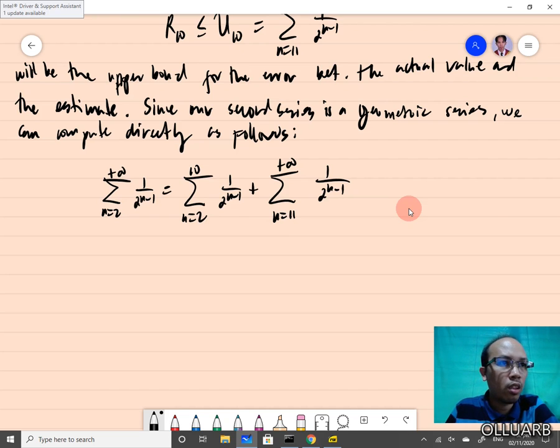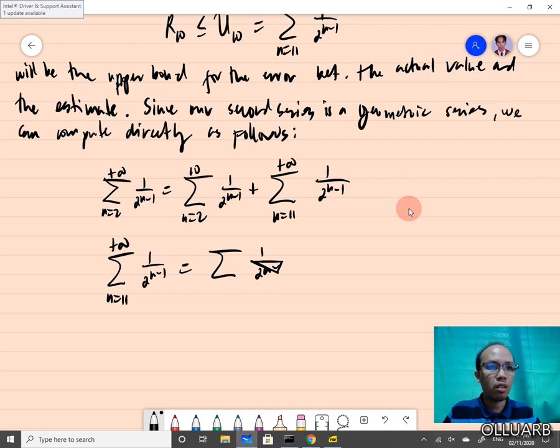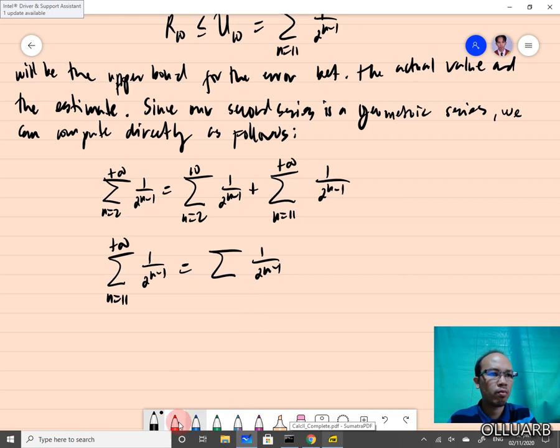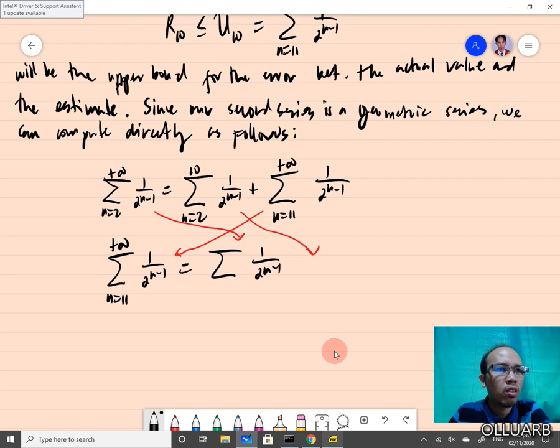Rearranging, this becomes the summation of 1 over 2 to the n minus 1, n starts from 2 to positive infinity, minus the summation of 1 over 2 to the n minus 1, n starts from 2 to 10.